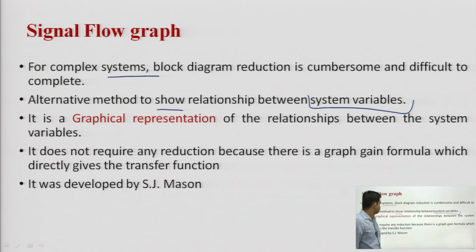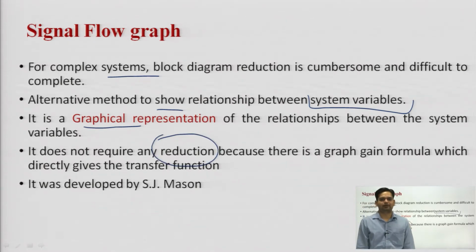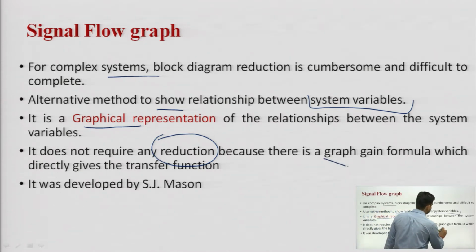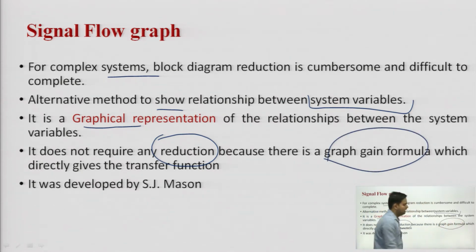Okay. And I already told you it is a graphical method, and there is no reduction rule we have to apply in signal flow graph, right. Why? Because the signal flow graph contains the gain formula. So, with the help of this gain formula we will calculate the transfer function, right. The transfer function will come automatically via this gain formula.